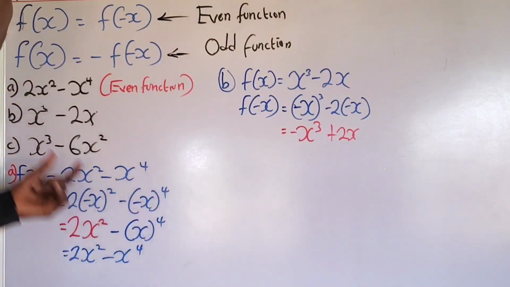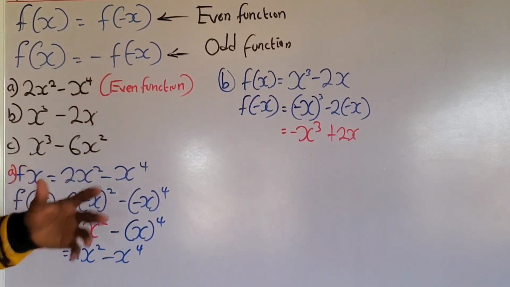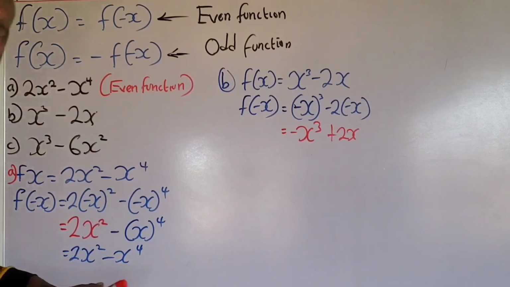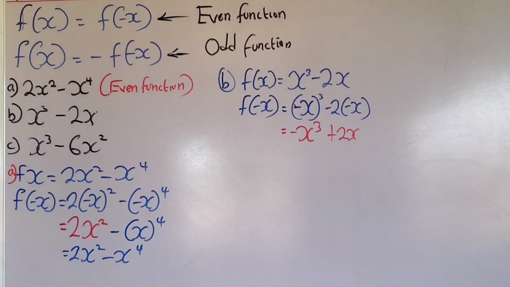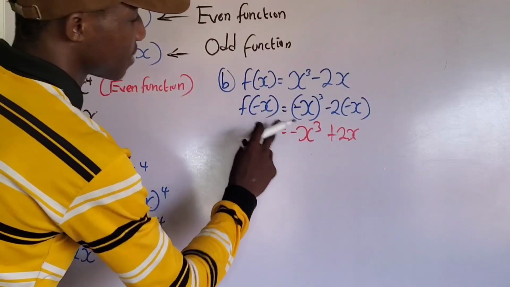Now we want to check whether this function is an odd function, and for a function to be an odd function, f of x must be equivalent to negative f of negative x. You understand? So please pay attention. Don't forget that f of x is this, and f of negative x is this.